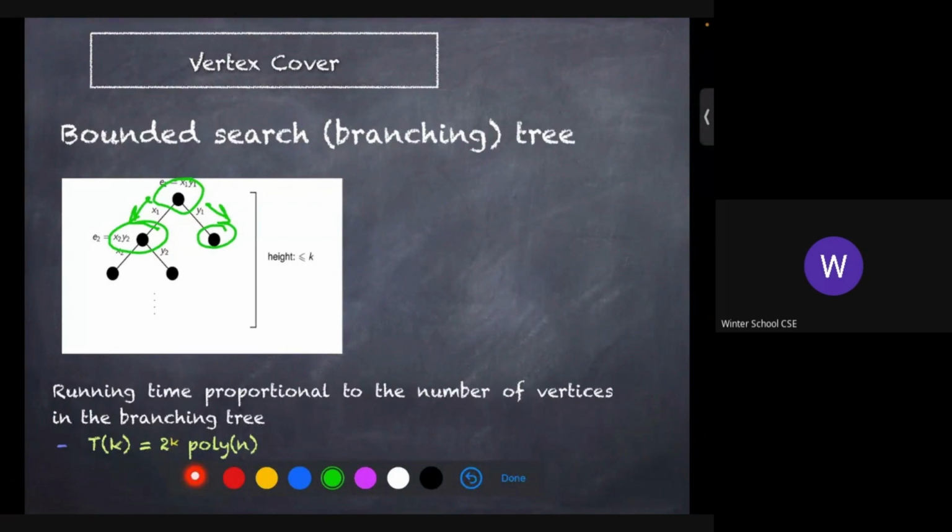I have a tree of height k, and it's a binary tree, so the number of vertices is at most 2 to the k, and the running time of the algorithm is 2 to the k times polynomial of n. So first of all, this means that the problem is fixed parameter tractable immediately.